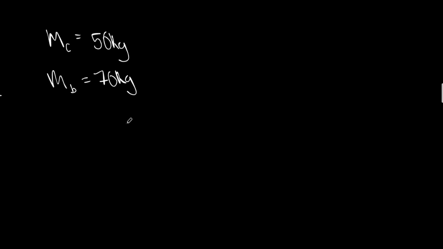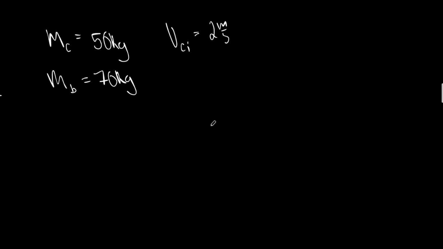And the cart is moving on a frictionless floor, so we don't have to worry about friction or force acting against our direction. But we know that the initial velocity for the cart, which we'll denote as v sub c, i for initial, is 2 meters per second.